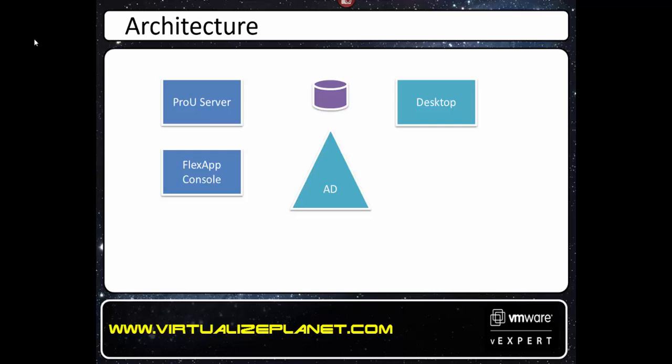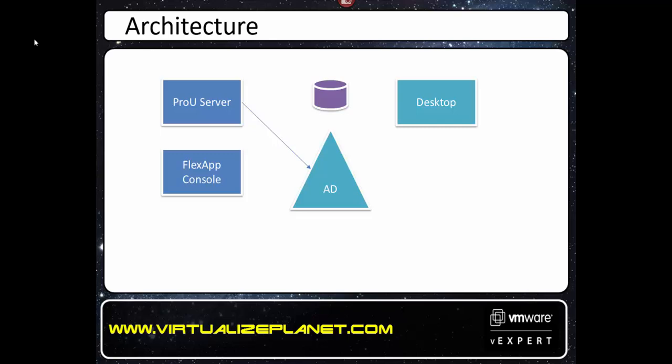We have a few different components. We have a ProfileUnity server, Active Directory, some form of network share, a desktop, and what we refer to as the FlexApp console. Now, the first thing that's going to happen is we're going to create a basic configuration for how a desktop should look. That is stored on a network share somewhere, and it's initiated through an Active Directory group policy.